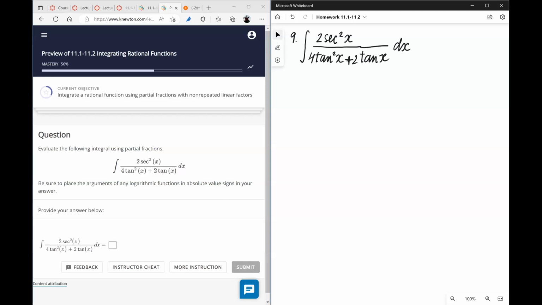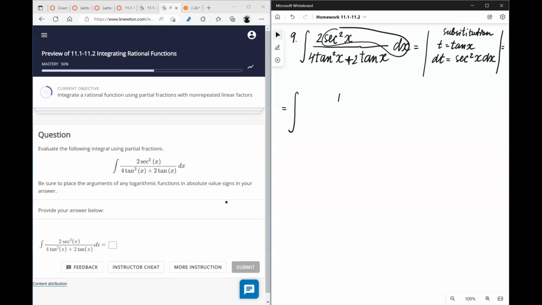And what we notice here is that if I arrange this substitution, so if I choose t to be tangent x, then dt is secant squared x dx, and the original integral now simply becomes, and by the way, I can reduce all those 2's, so the secant squared x dx is now dt.